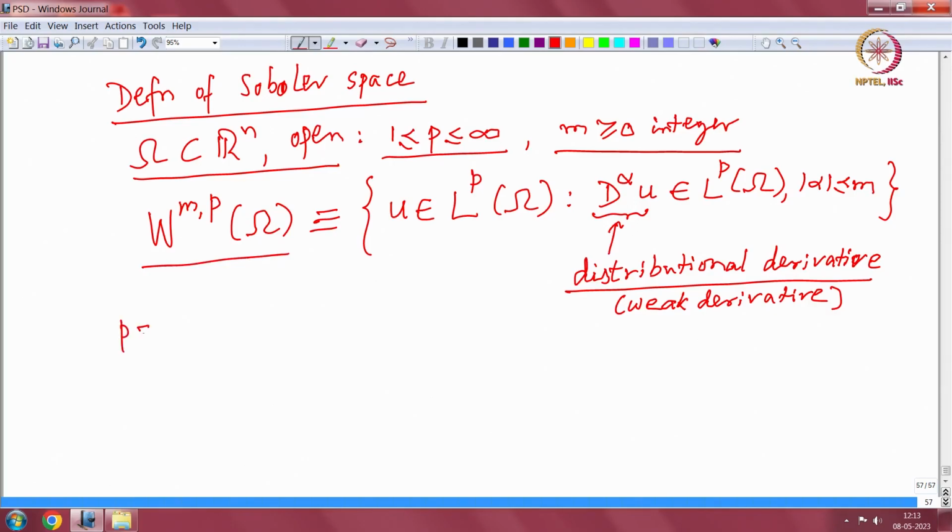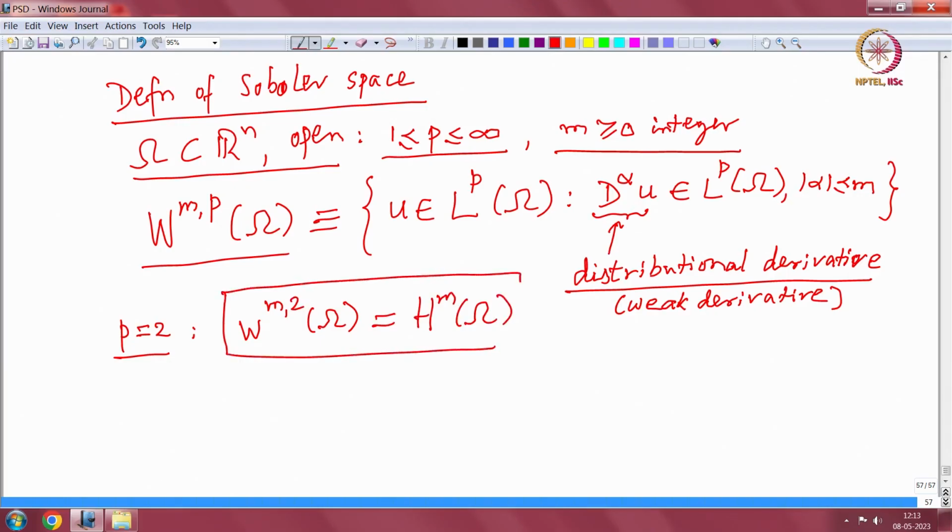It's very customary to denote this W^{m,p} omega, or W^{m,2} omega, by H^m omega. These are standard notations you find in the literature. The advantage of working with p equal to 2 is that this becomes a Hilbert space.